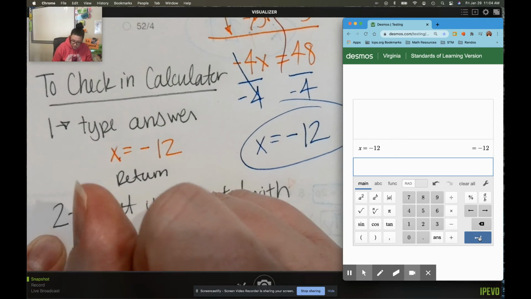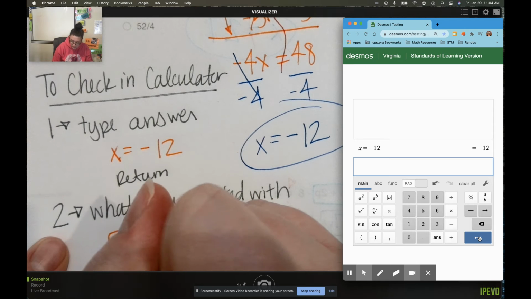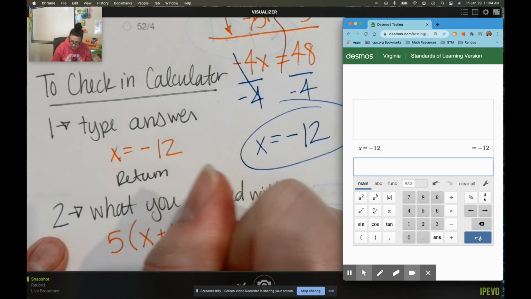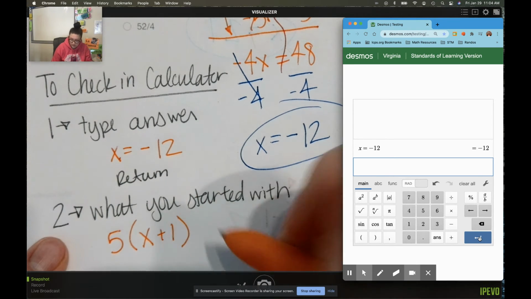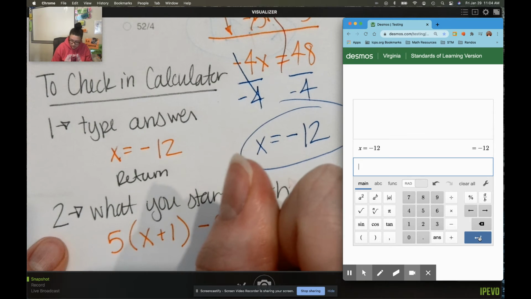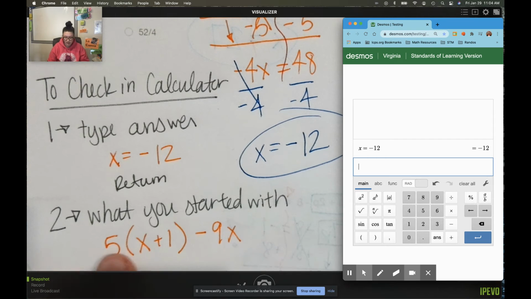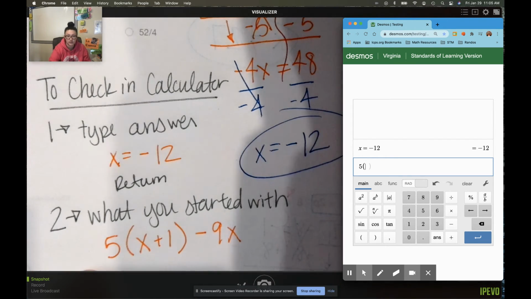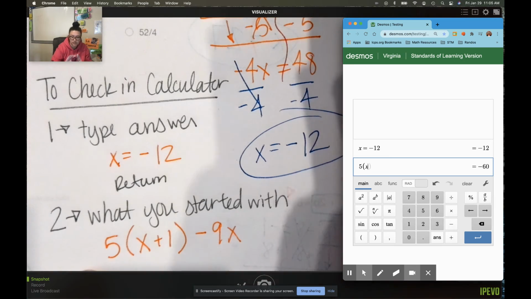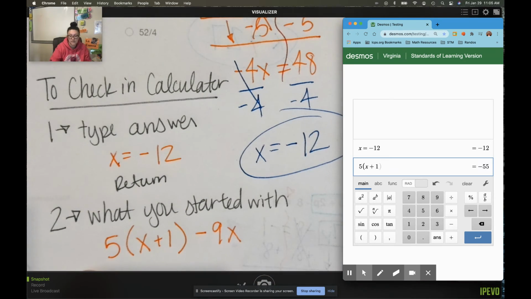So I started with 5 parentheses, x plus 1, close parentheses, minus 9x. 5 parentheses, x plus 1, close parentheses, minus 9x.